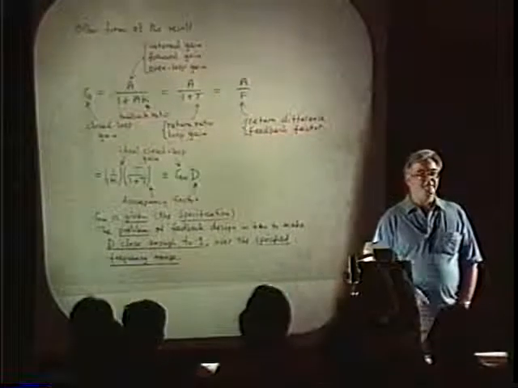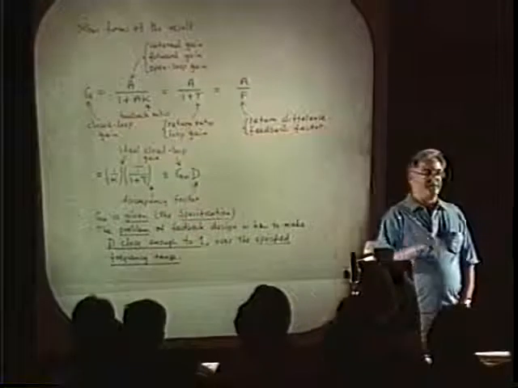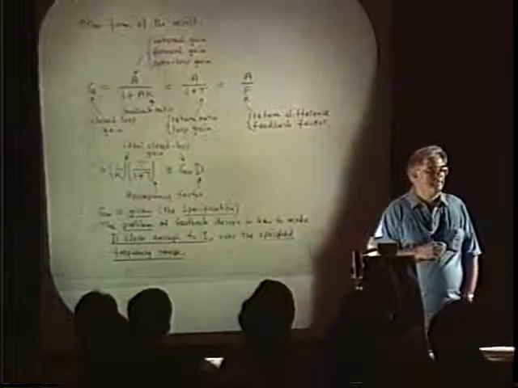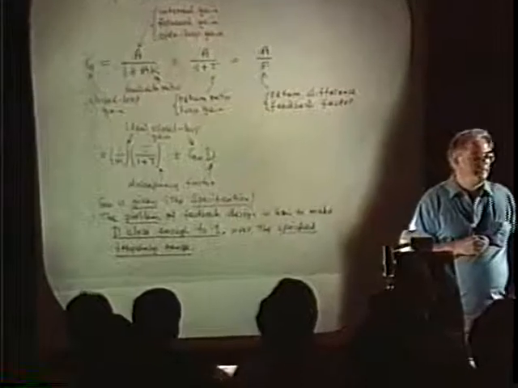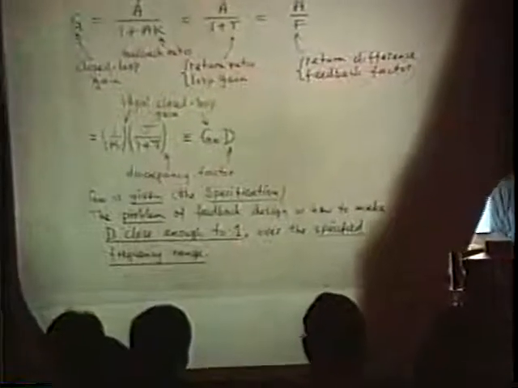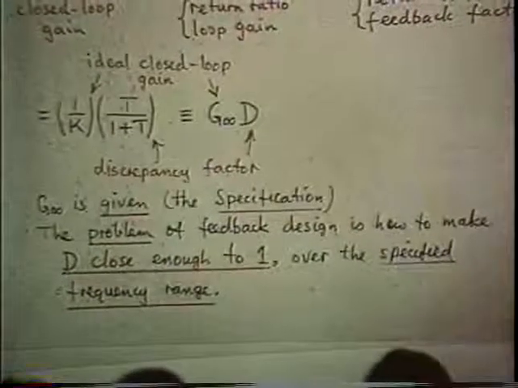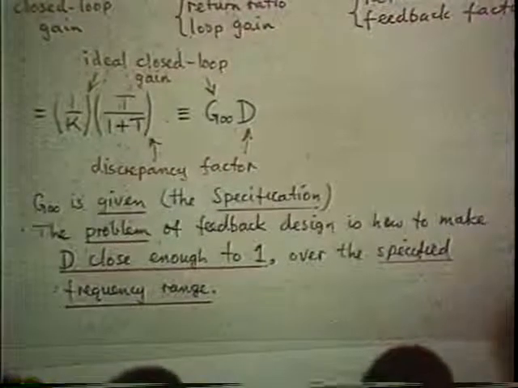And it's very easy to make T large enough, especially nowadays where you have IC chips with gain coming out your ears. Gain is cheap. 120 dB of gain costs less than the socket you plug it into.